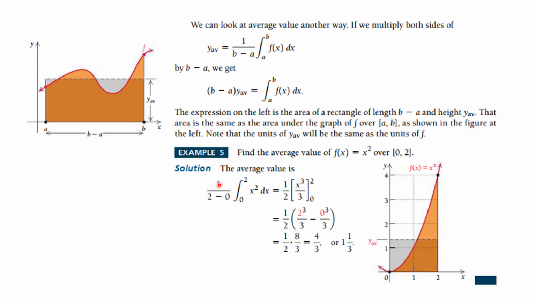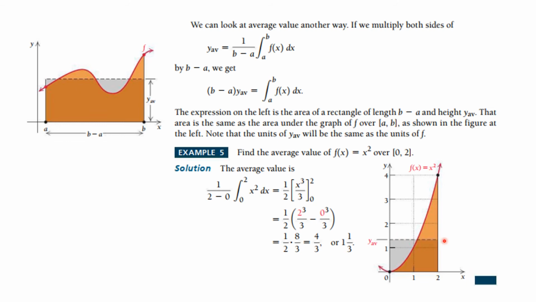It's 1 over b minus a times the definite integral from 0 to 2 of x squared dx. The 1/2 just sits out front, and the antiderivative of x squared is x cubed over 3. We evaluate at the endpoints 2 and 0, do the calculation, and get 4 over 3 as the average value of the function.